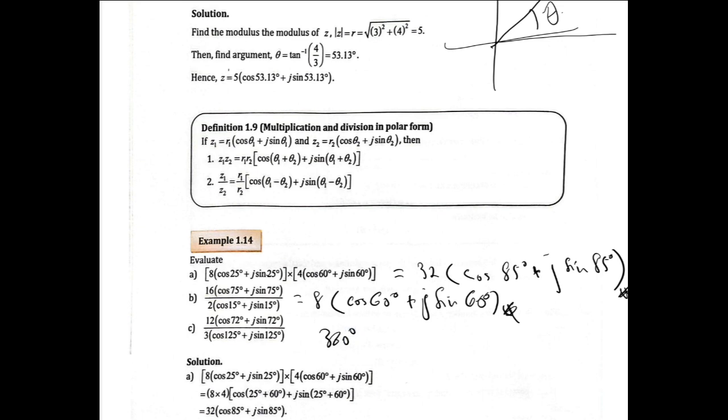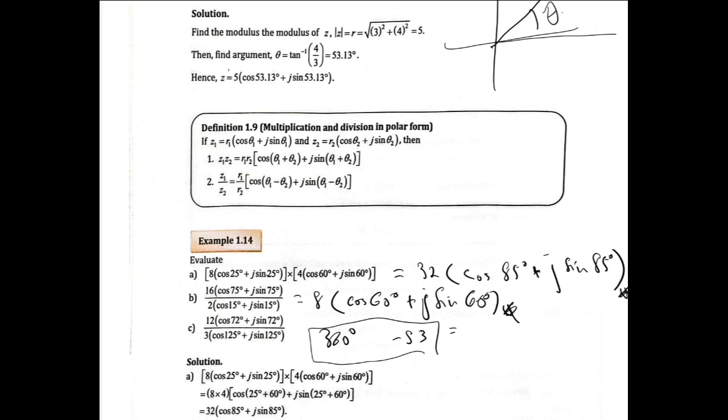So when you get a negative answer like negative 53, you just add 360 to get the positive angle.